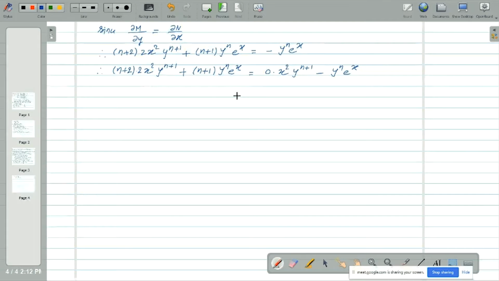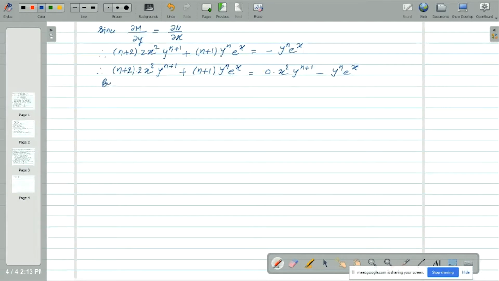Now comparing the coefficients. We can write 0 times of this expression, because anything multiplied by 0 gives 0, so again you get this expression. Now comparing the coefficients on both sides, or you can say equating the coefficients.